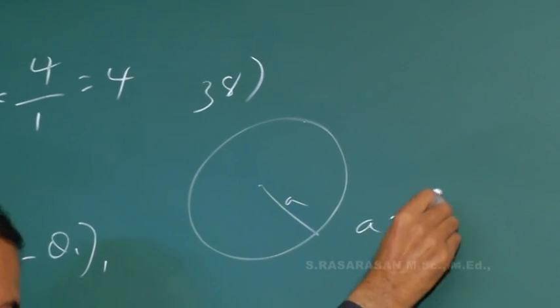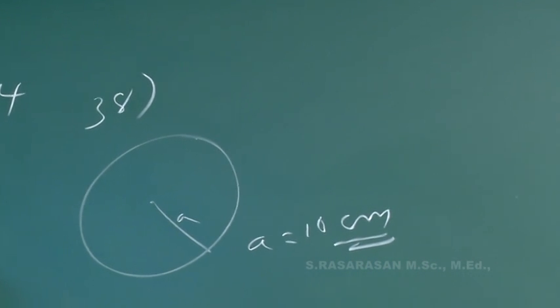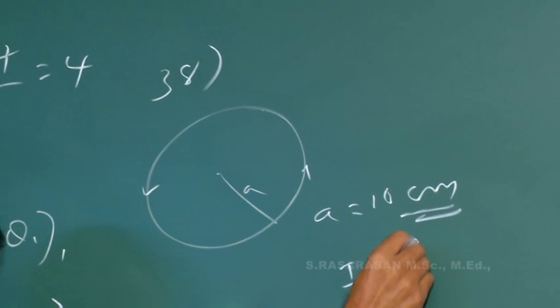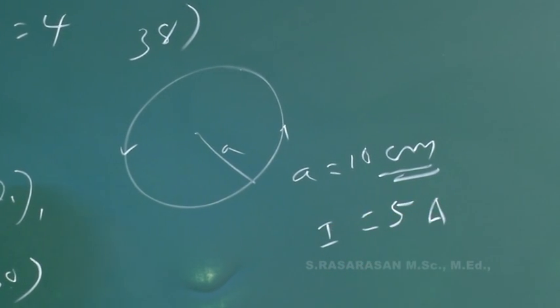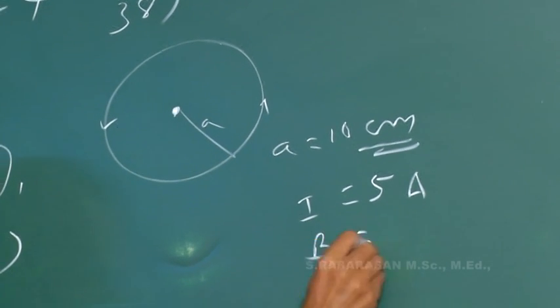A is equal to 10 centimeter, convert to meter: 10 to the power minus 2 meter. I is equal to 5 ampere. What would be the magnetic induction at the center? B is the question mark.